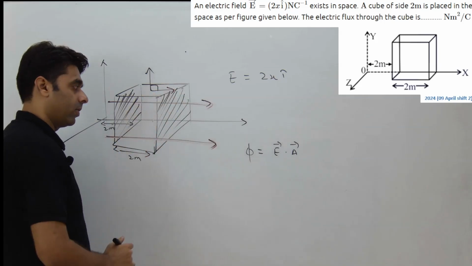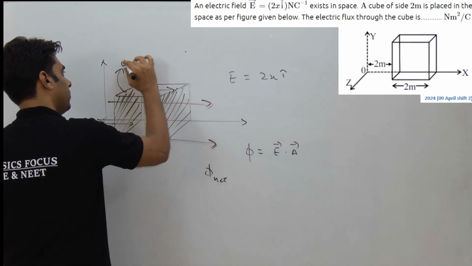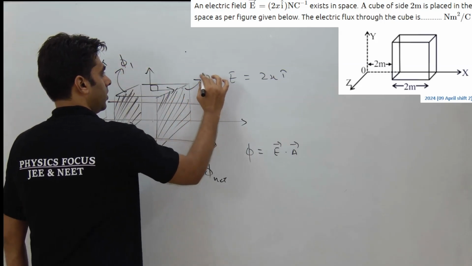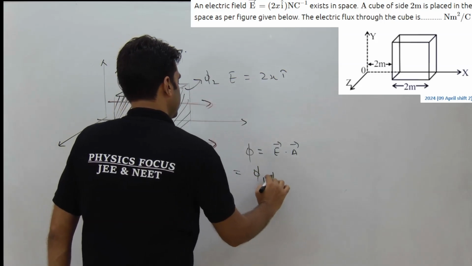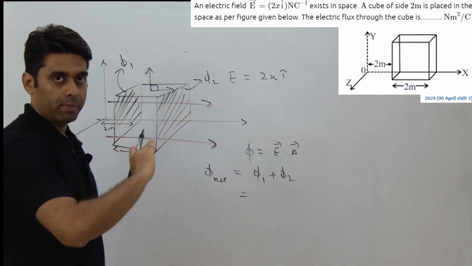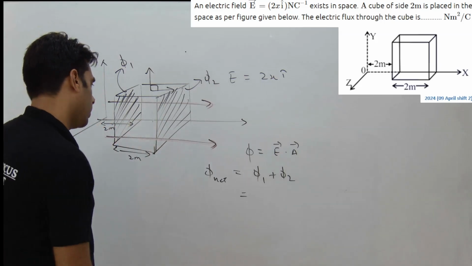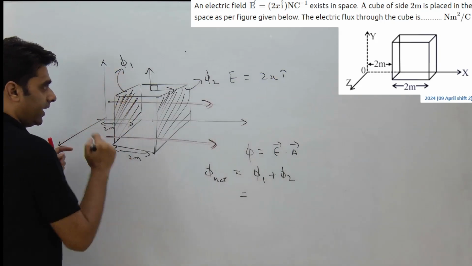So let's call this phi 1 and this phi 2. Right? What can we write? Phi 1 plus phi 2. The flux through all the remaining surfaces will be 0. Okay, phi 1, how much can we write it? Electric field at x equals to 2.